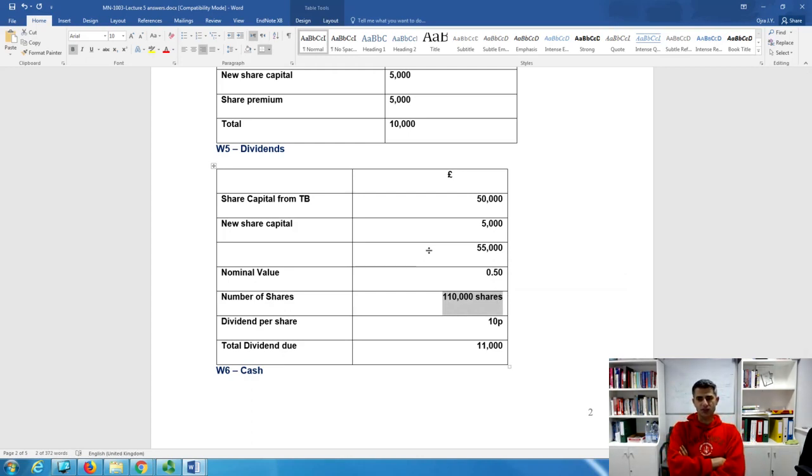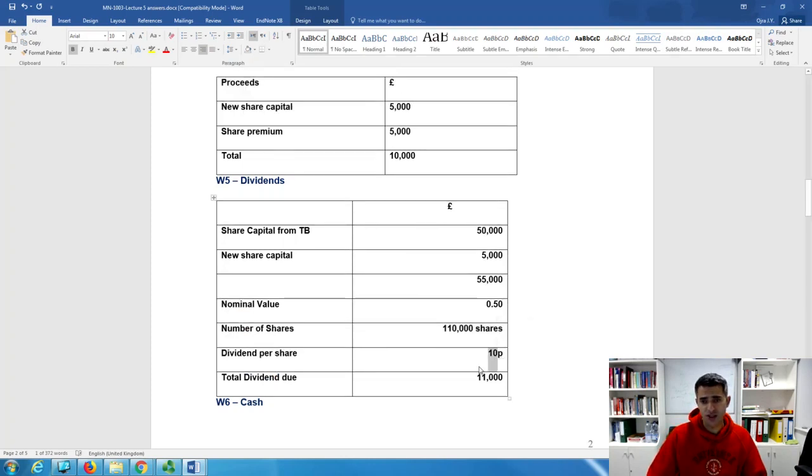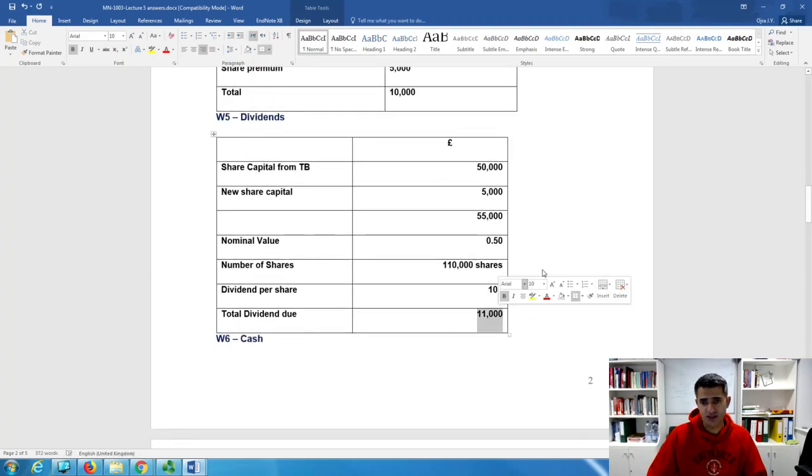So in Orange PLC, we have 110,000 shares. The question tells you they pay dividends of 10 pence per share. If you multiply 110,000 shares by 10 pence, you find £11,000, which is the dividend payable.